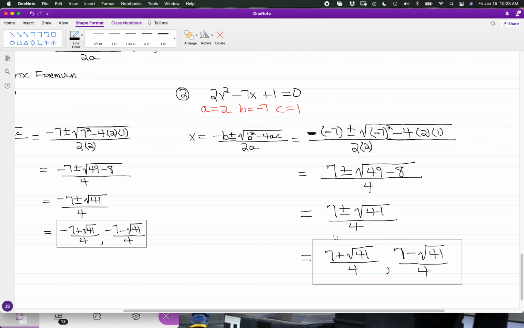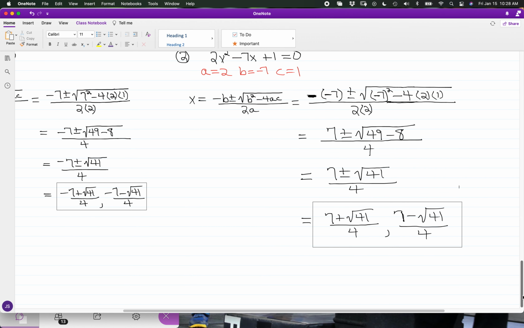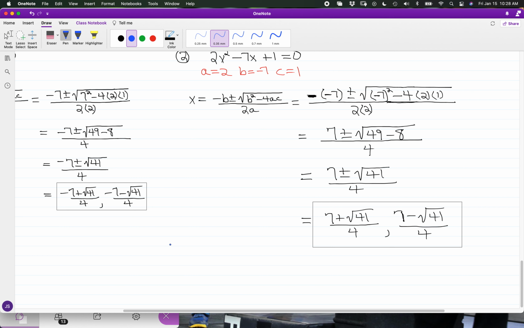Okay, and just in the case of solving by the quadratic formula, for the next few moments, let's see what we get in the case of 2x squared minus 9x minus 1 is equal to 0.